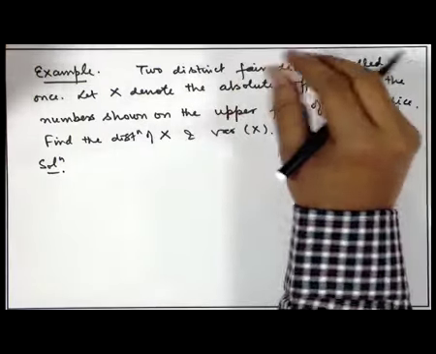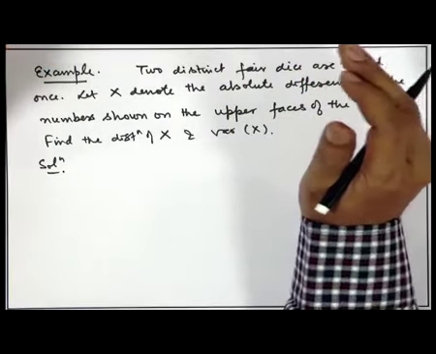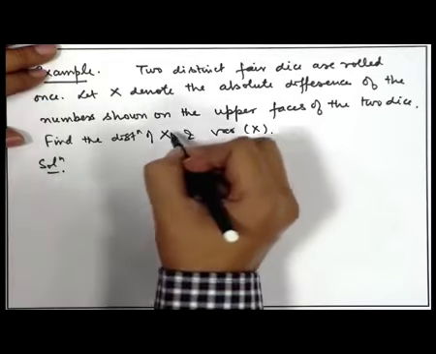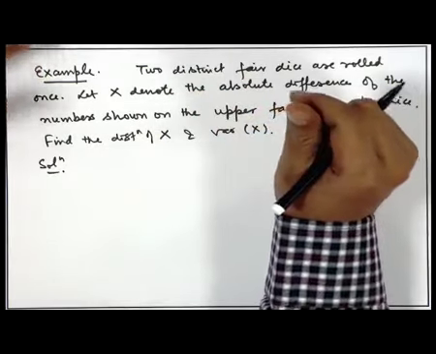When the two dice are rolled, the number of possibilities is 36. You have the sample space 1 1, 1 2, 2 1, 2 2, 2 6, 3 1, 3 2, 3 6 and so on, 6 1, 6 2, 6 6. The random variable x is the difference.